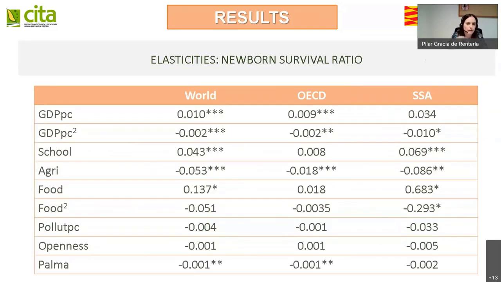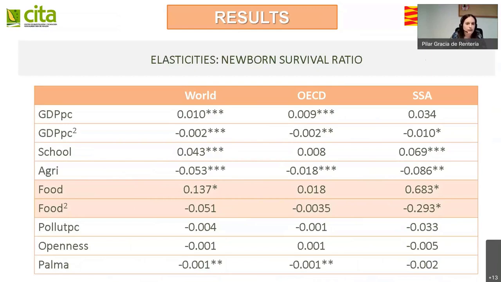Here we have another table with the elasticities for the newborn survival ratio. I'm not going here to present the results for the under 5 survival ratio, but the results are very similar to those for newborn. So we see that caloric intake is the main driver of child survival ratio, with an elasticity at global level of 0.14.